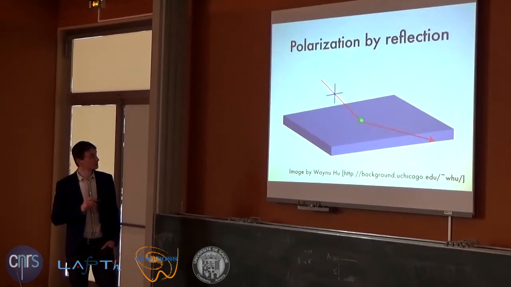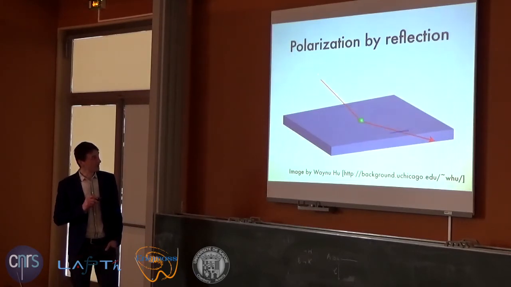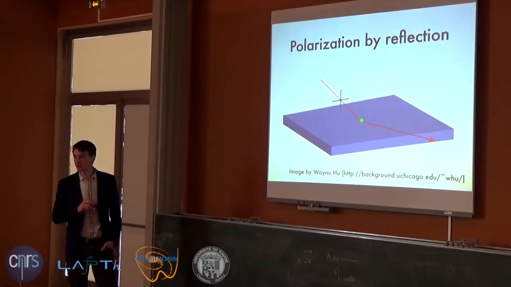But from the original radiation that comes in on the surface, only a polarization orientation that is perpendicular to the surface, where the electric field is perpendicular to the surface, is reflected very efficiently. So by reflection, I let isotropic light, unpolarized light, fall onto the surface and let it reflect, and by reflection, I end up with polarized radiation coming out.